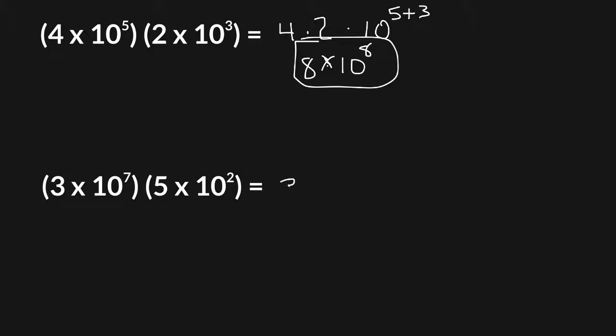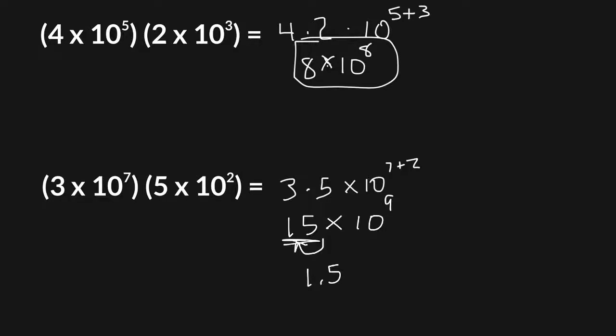Down here, I would do 3 times 5 for the first factors. And then for the powers of 10, I would add the 7 and the 2 for the exponents. This would give me 15 times 10 to the 9th power. Now, unfortunately, this is not my final answer because that first factor is greater than 10, which means I'm going to have to move the decimal over one place value to make the value between 1 and 10.